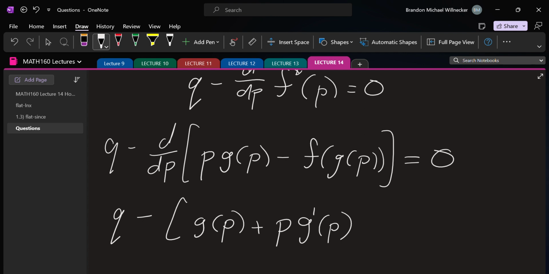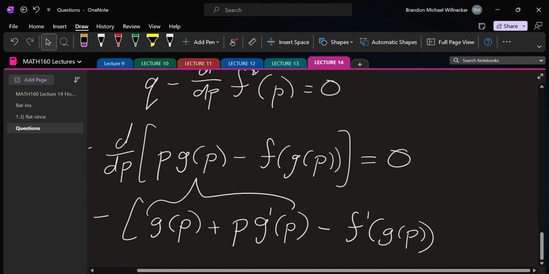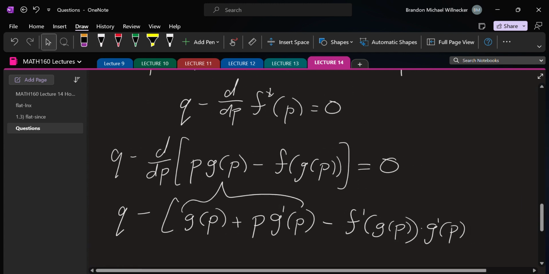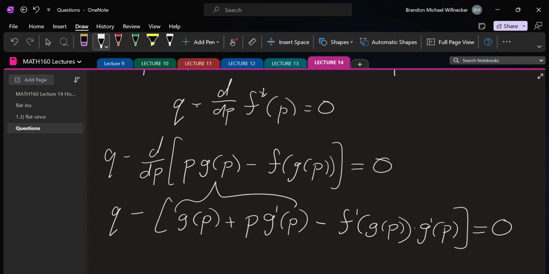I just use the product rule on this. So that came from the product rule with the first term. Now the second term over there, we've got f of g. So we have to use the chain rule. Good. So this is going to be minus f prime at g of p times g prime of p.